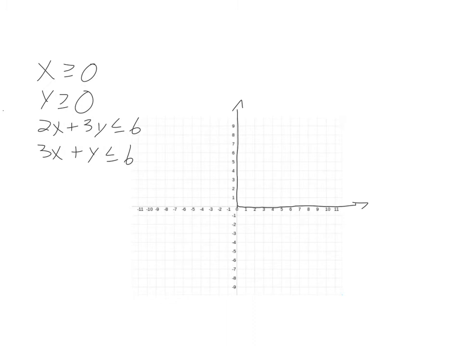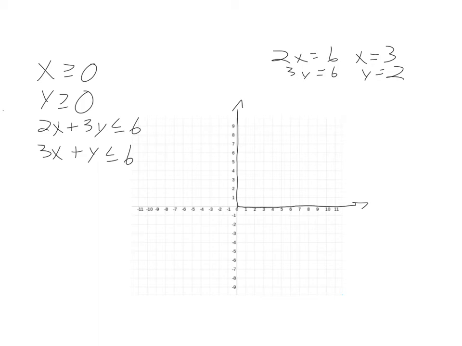The 2x plus 3y is less than or equal to 6. So if I make y equal to 0, I have 2x equals 6, which means we have an x-intercept at 3. If I make x equals 0, I have a y-intercept of 2.